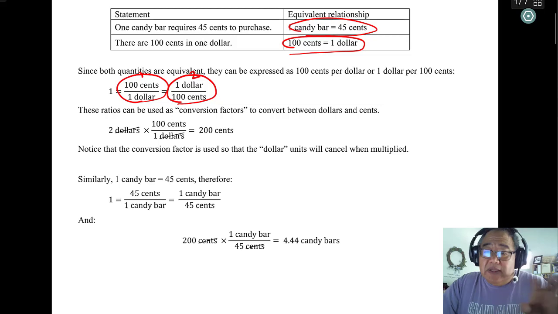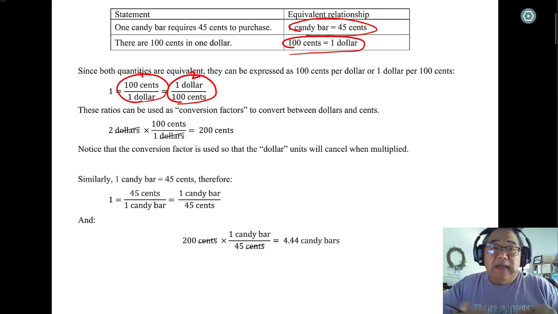The first one, statement number 1, says there's 100 cents per dollar, right? The line means per. But you could also say the statement another way. There's $1 per 100 cents. Both of those are true relationships, correct? You know that it doesn't matter how you say it, you don't really alter anything when you say that.